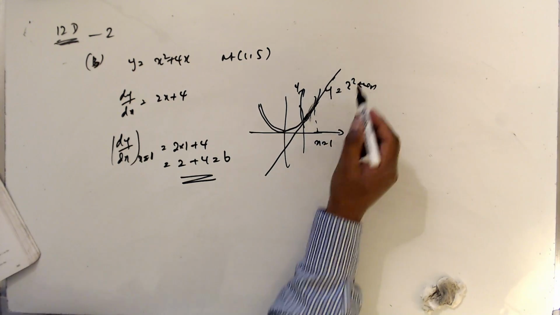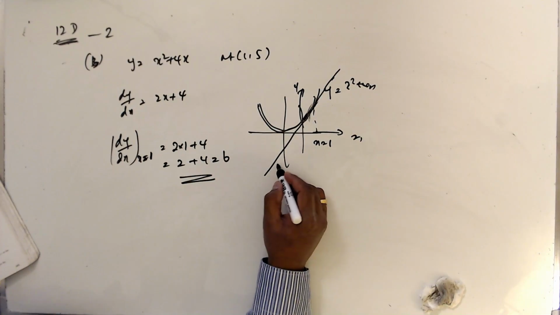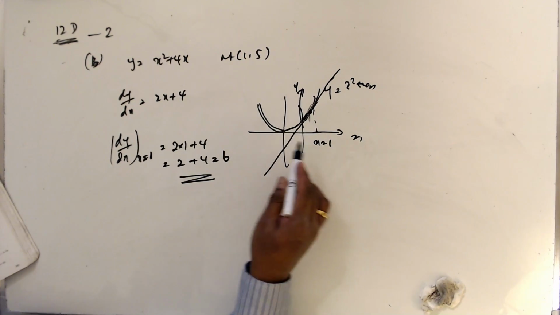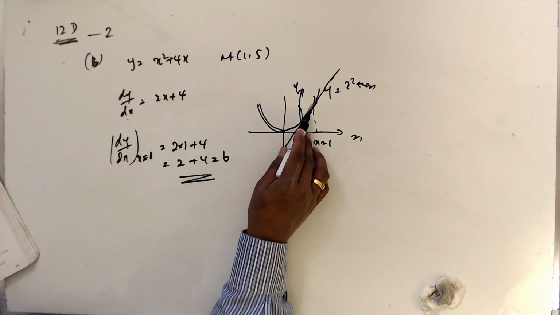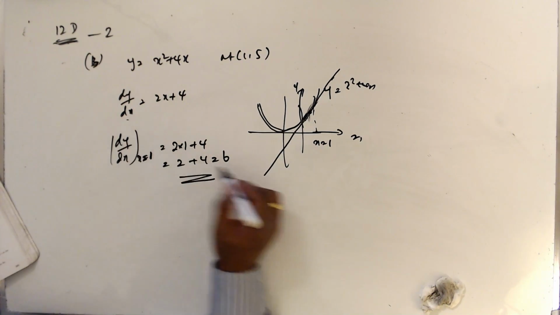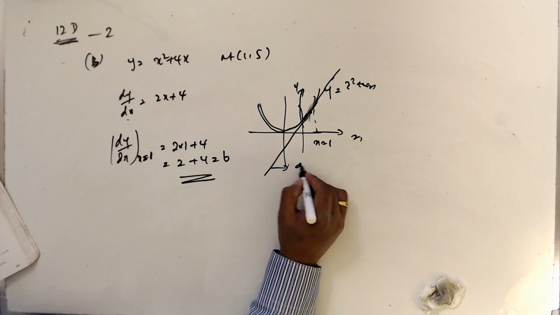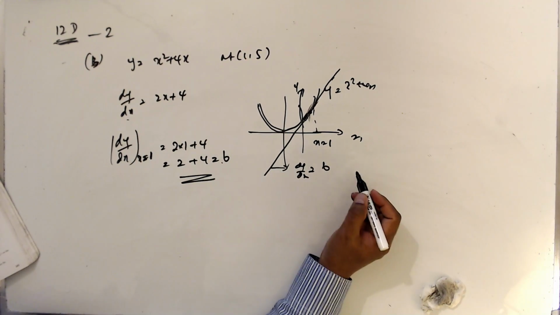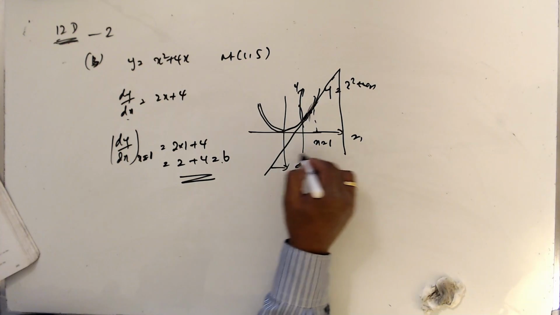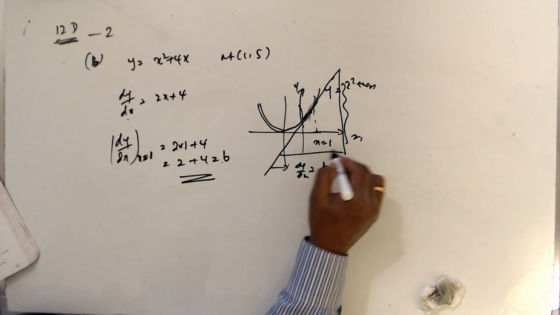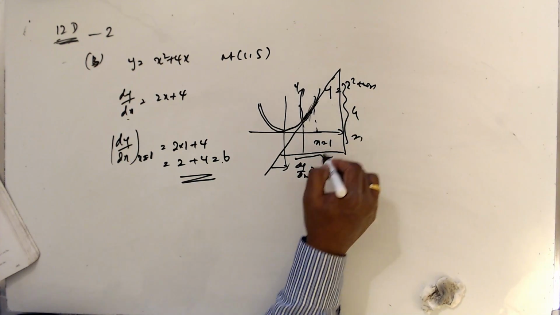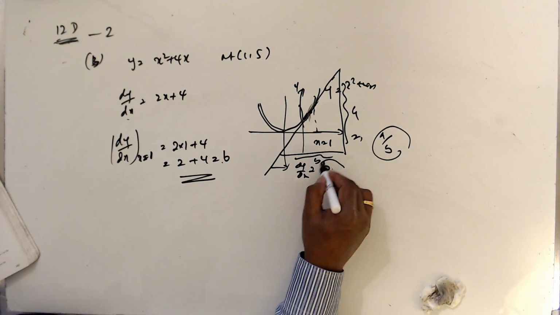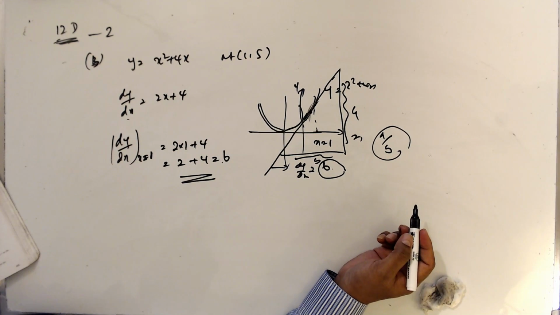So this is the tangent line. When you find the gradient at this point, that is equal to the tangent line gradient. So dy by dx is 6. If you draw properly and take y1 over x1, you should get an approximate answer of 6.